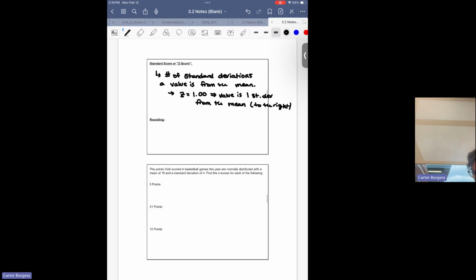For our purposes, we are going to be rounding these to the hundredths, or to 2 decimal places. Actually do the rounding.